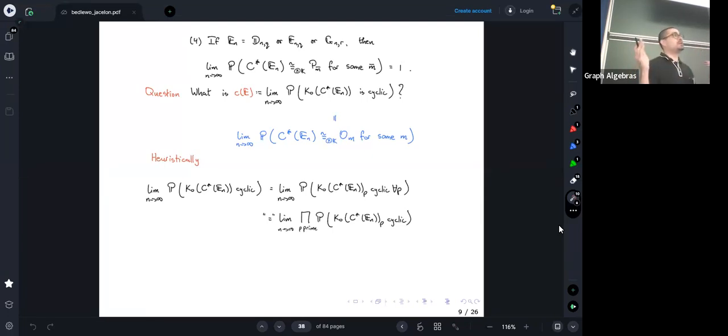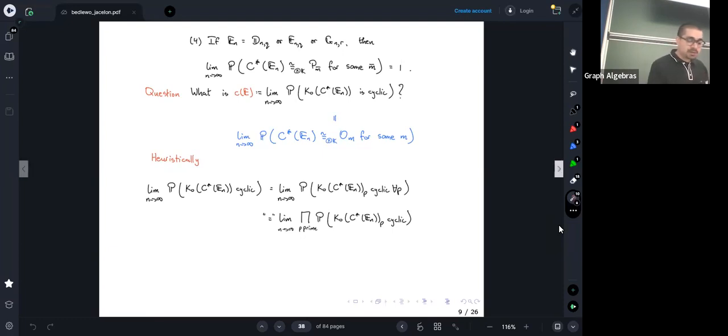Maybe it's reasonable to expect that the events of the different Sylow subgroups being cyclic are independent. Maybe cyclicity of the 2-subgroup doesn't affect cyclicity of the 137-subgroup. In that case, the probability that all of them are cyclic is just the product over all primes of the probability that each of them is cyclic.